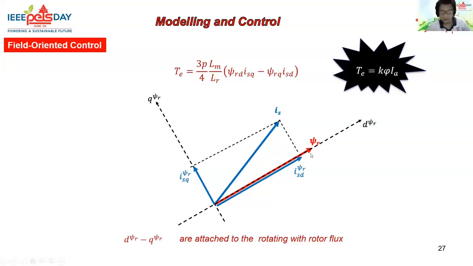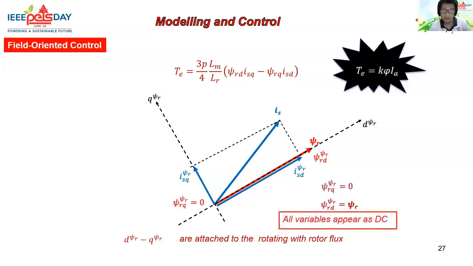There is no Q component in this rotating reference frame, which means that we can control the torque easily, because the torque equations can now be transformed into a new form, shown here, where we remove the Q component of the rotor flux, and the D component of the rotor flux is equal to the magnitude of the rotor flux itself.